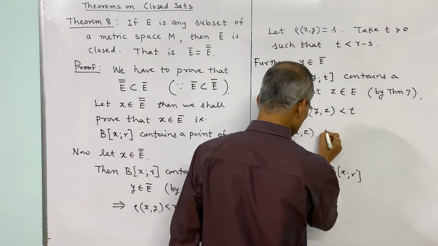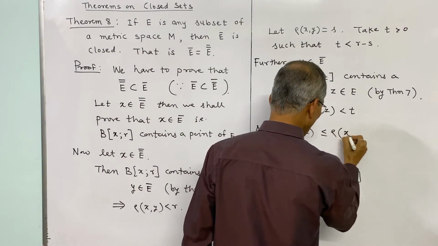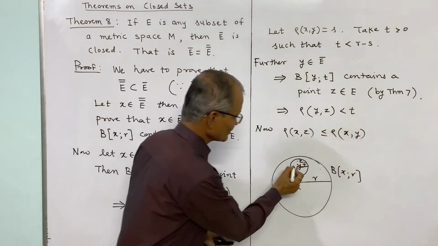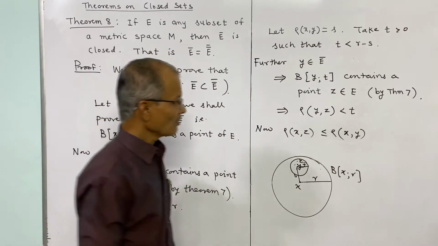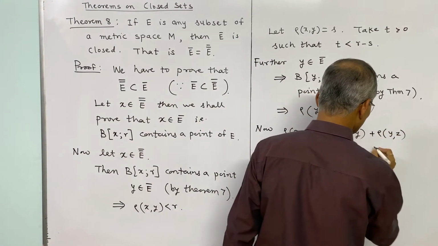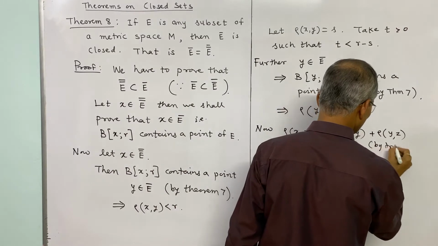It is less than or equal to rho of X and Y, X to Y and then Y to Z, plus rho of Y and Z. So this is by the triangle inequality.